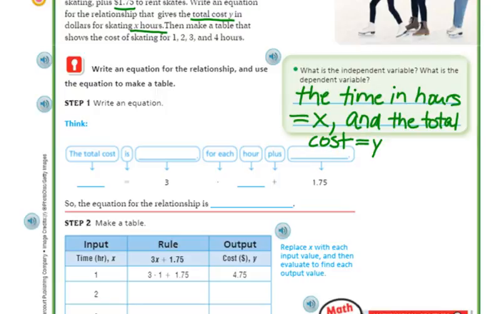So the total cost is our dependent variable and our independent variable is x. So over here, the total cost, y, is $3.